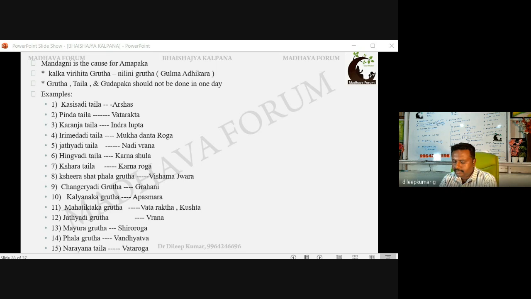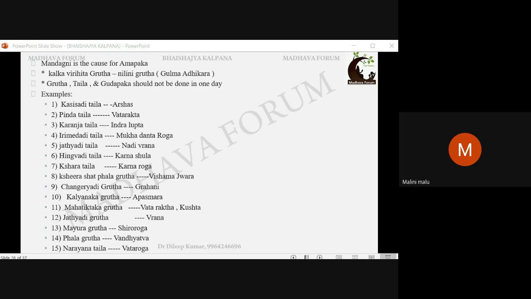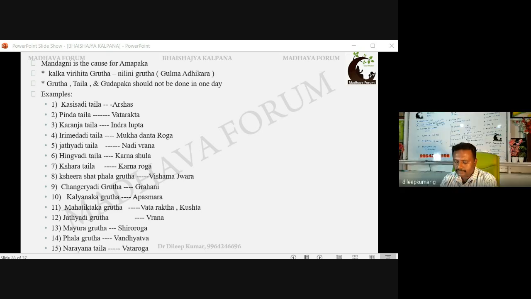So indications: Deepana, Pachana, Vata Anulomana, Pleeha, Amavata, Rudroga, Mandagni. Deepana, Pachana, Vata Anulomana.